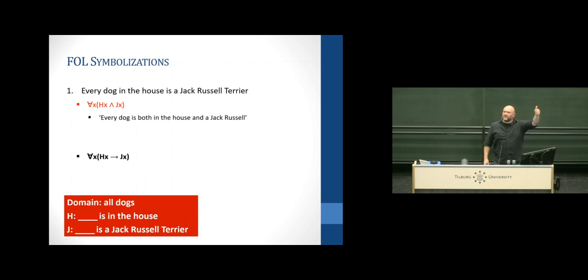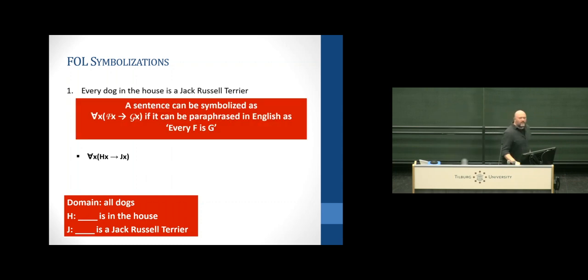It doesn't necessarily mean every dog's in the house or that every dog's a Jack Russell. There could be Jack Russells roaming around outside too. So our first structure: if we have every F is G, we can symbolize that as universal x, Fx conditional Gx.